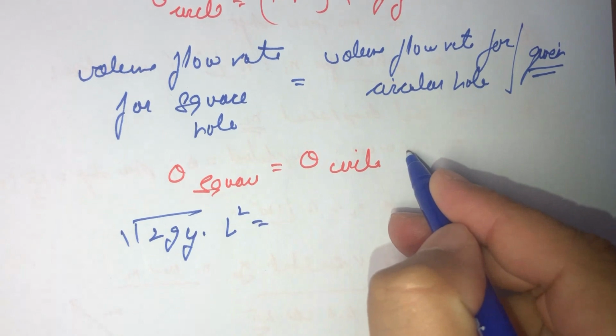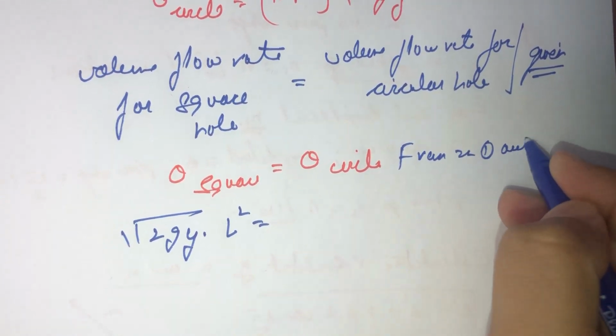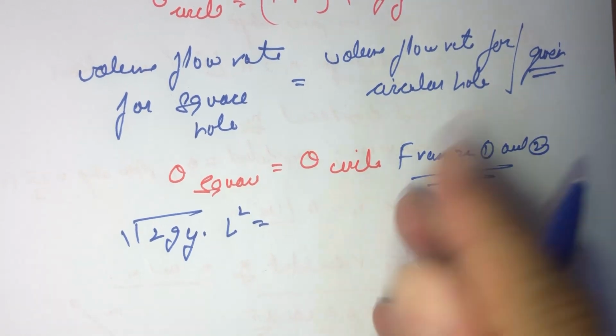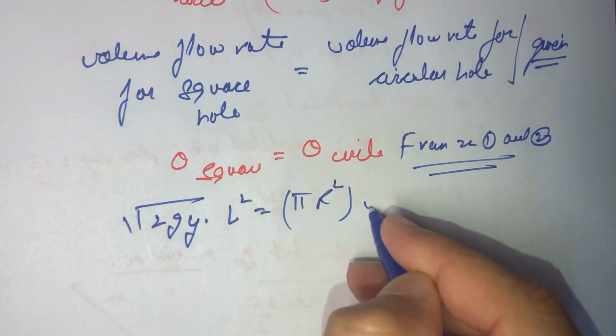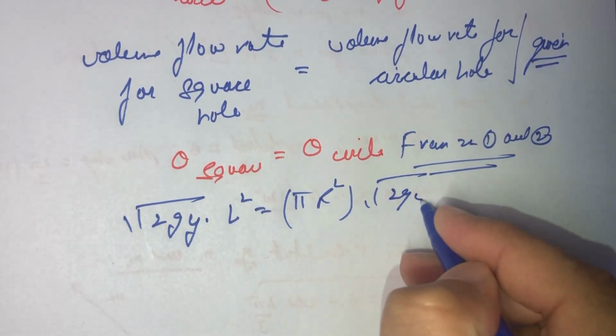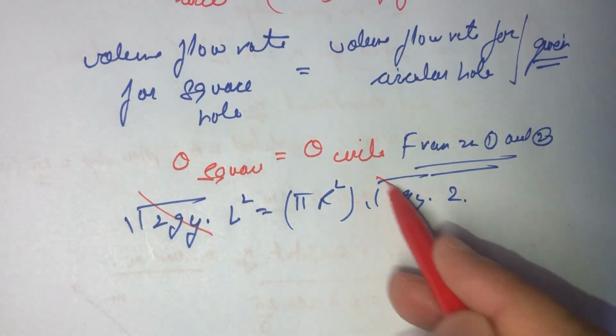So from equation 1 and 2, we get pi r square square root of 2gy multiplied by 2, and this square root of 2gy cancels out completely.